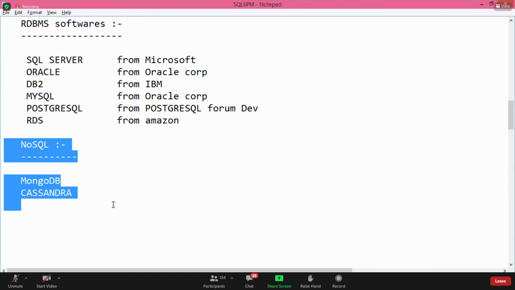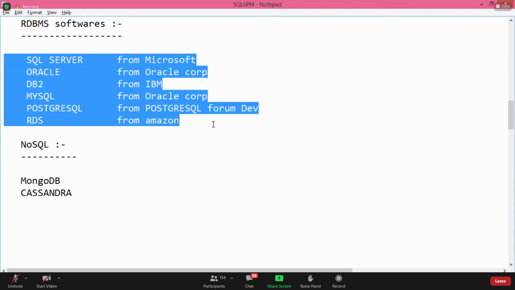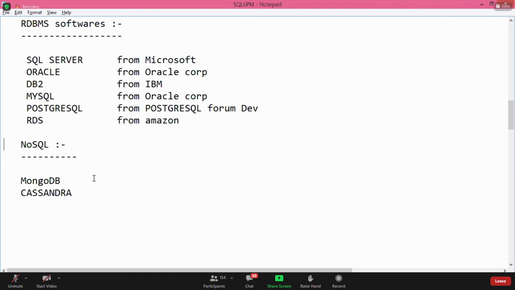They store everything in the form of documents, JSON documents.